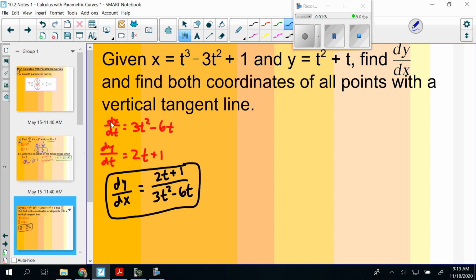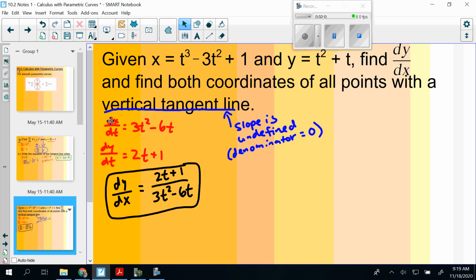If you have a vertical tangent line, that means the slope is undefined. Then slope's undefined when the denominator equals 0.